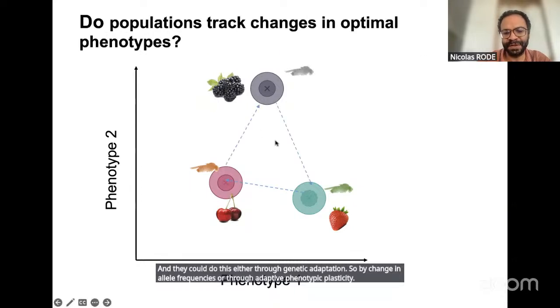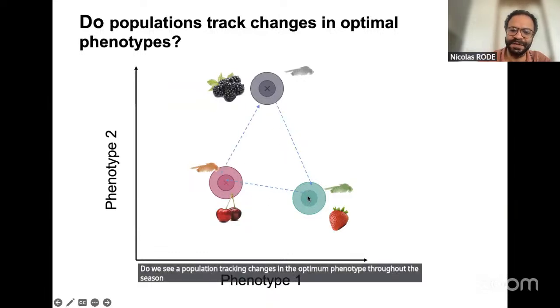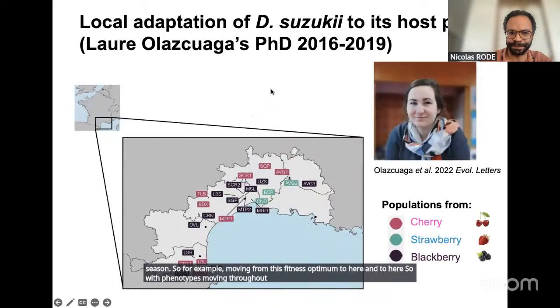And so the question I want to address today is, do we see a population tracking changes in the optimum phenotype throughout the season? So for example, moving from this fitness optimum to here and to here, with phenotypes moving throughout the season.